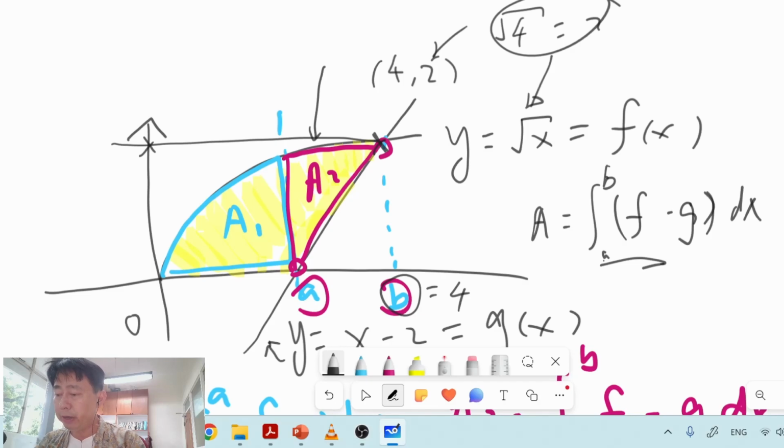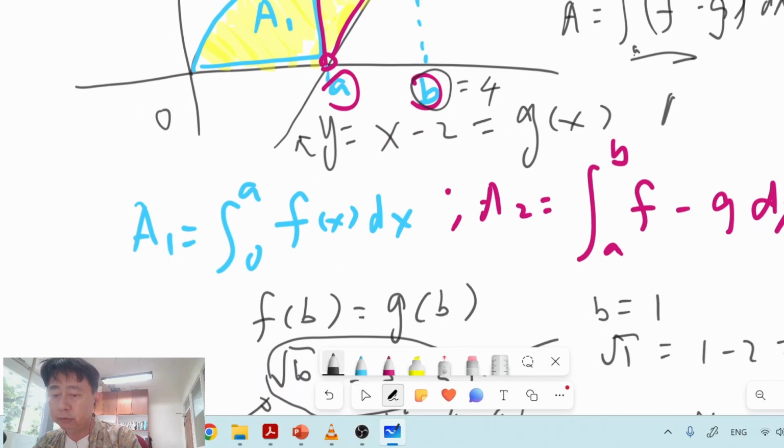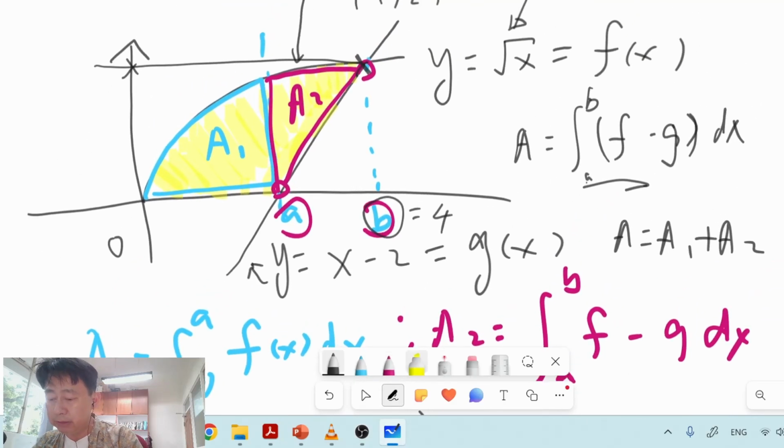So up to this point, what I have told you is that in order to calculate the area, you have to form the sum of the two areas, and you have to perform the area calculation for A1 and A2 separately. In order to do that, you need to know the interval of integration for A1, from 0 to a, and the interval of integration from a to b.